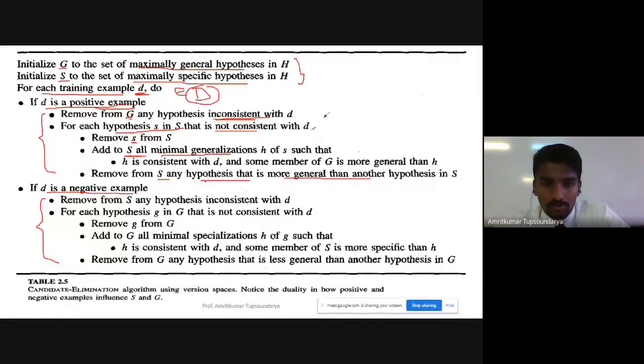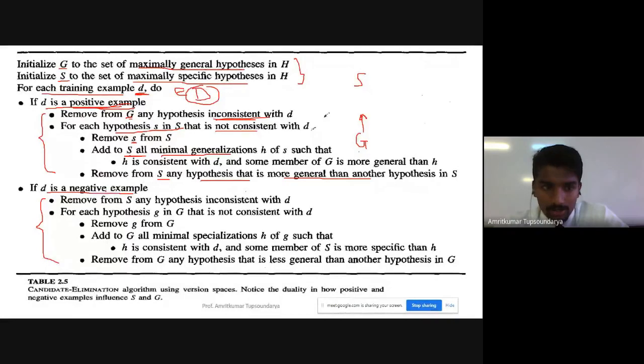So what we are doing is going from specific to general. Let's say we have the most specific hypothesis S and the most general hypothesis G. When we encounter a positive example, we are going to remove the most general hypotheses which are inconsistent with d, and we are going to move towards specificity.